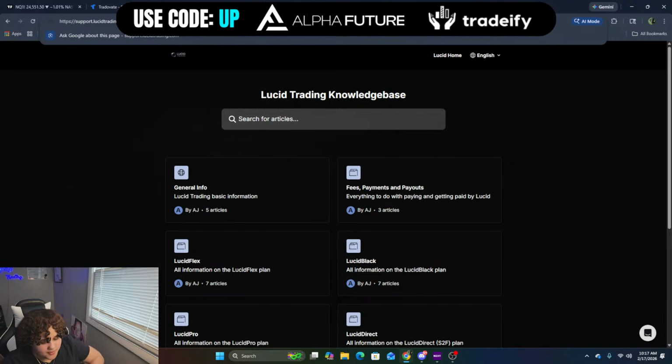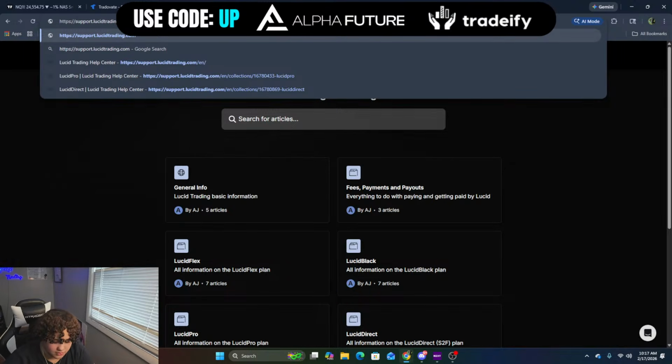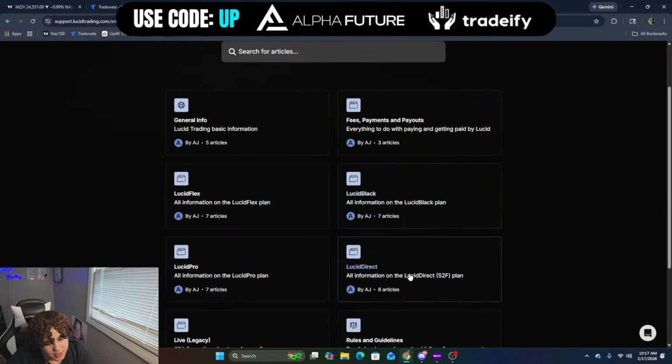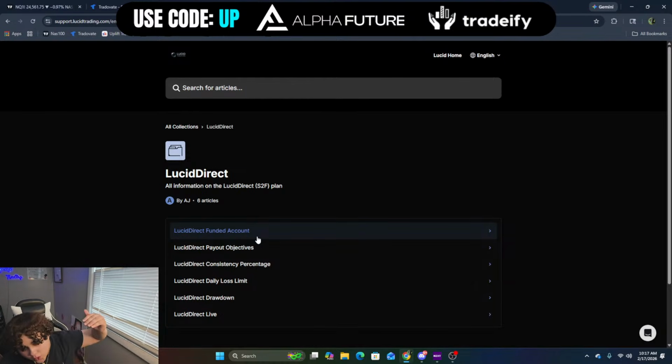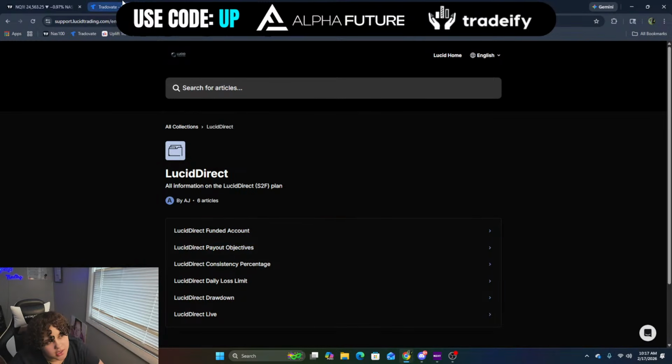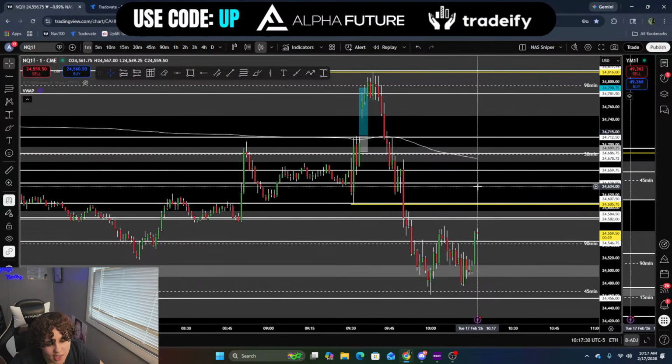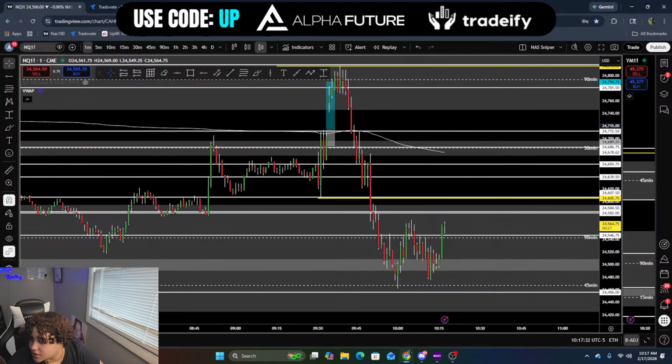Not horrible. Another thing I liked about their direct accounts is it's end of day, but once you get over the buffer, it turns into like static drawdown. So it's like Apex, where it turns into static, which is good. No consistency on Flex. That makes sense.